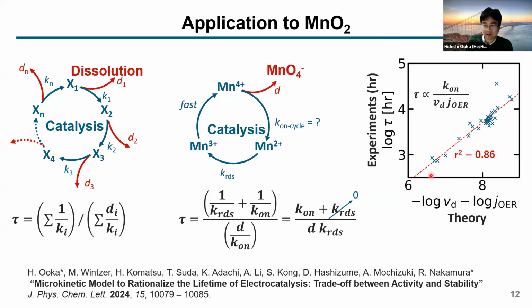But anyway, you can see a qualitative trend that the theoretical lifetime and the experimental lifetime seem to match okay-ish. So even for a realistic catalysis system, this gave me support that maybe this timescale decomposition is working.